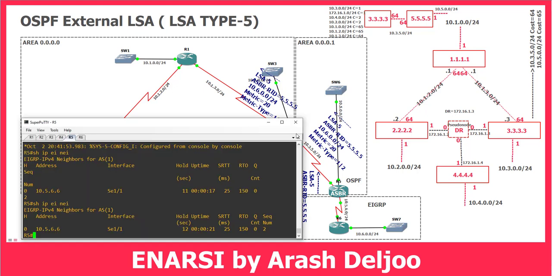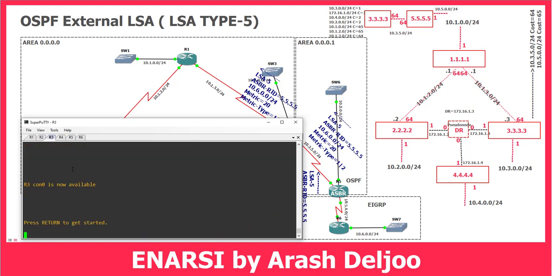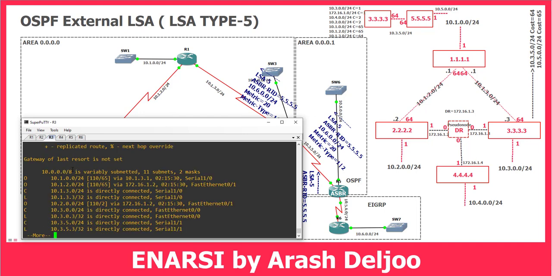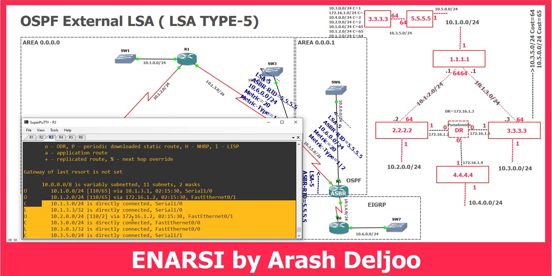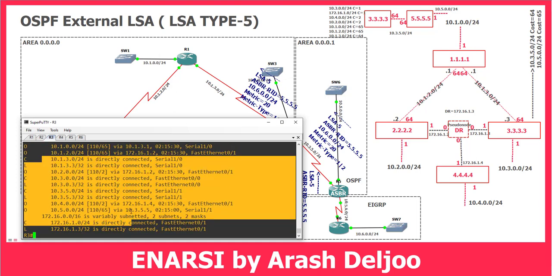Let me show you. Assume that we are residing in the router 3. In the router 3, if you check show IP route, you can see that we don't have any information about, for example, 10.60.0.0/24 and also 10.56.0.0/24. Why?